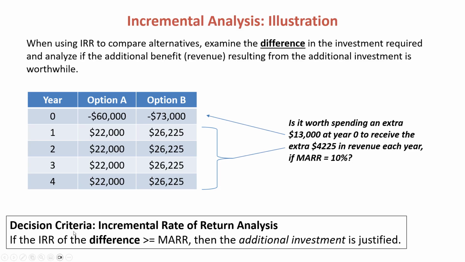Decision criteria. Hopefully that phrase is burned into your memory. You should know the decision criteria for every type of analysis that we do. External rate of return analysis, internal rate of return analysis, future worth analysis. This week we're going to do benefit cost analysis.